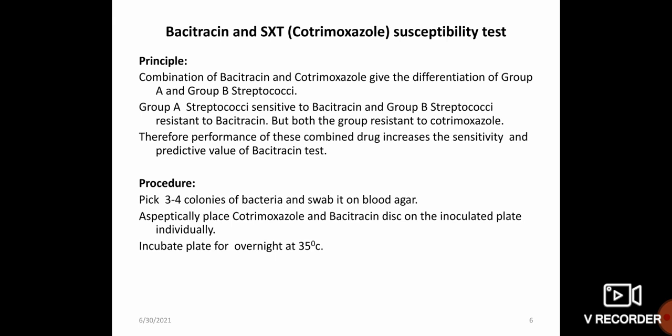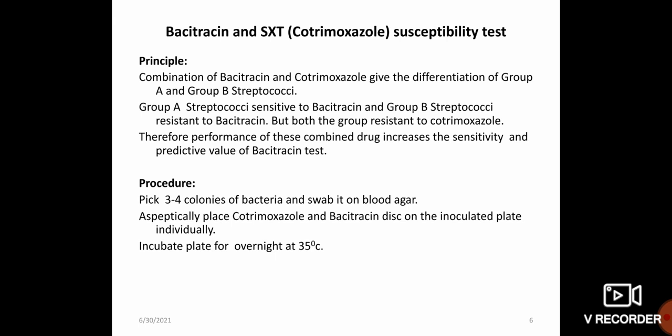If it is negative, then we will say it is a Streptococcus species, or could be an Enterococcus sometimes. So then we will go for the bile esculin test, Bile Esculin agar test, or you can do the PYR test, commonly used in the laboratory to differentiate enterococci and beta hemolytic streptococci.